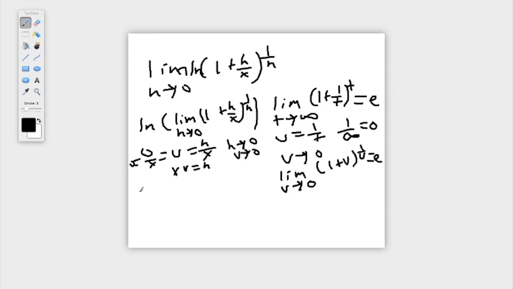So this is just equal to the ln of the limit as u approaches 0 of 1 plus u, and h equals x times u, so it'll be to the 1 over x times u.